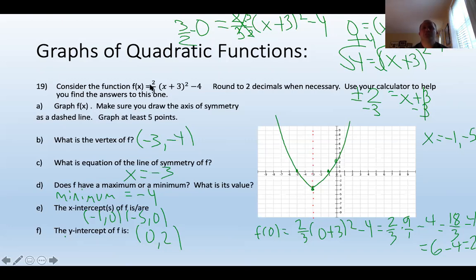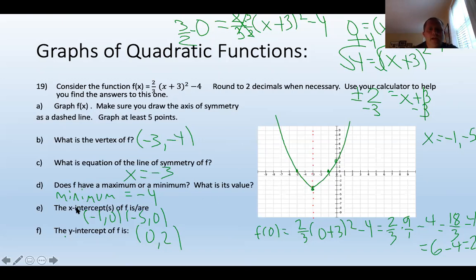Now, this function's leading coefficient is positive, and if it's positive, that means this graph is facing upward. And if it's facing upward, then it has a minimum and not a maximum. So this has a minimum of -4. If the leading coefficient is negative, then it's facing down and it has a maximum.